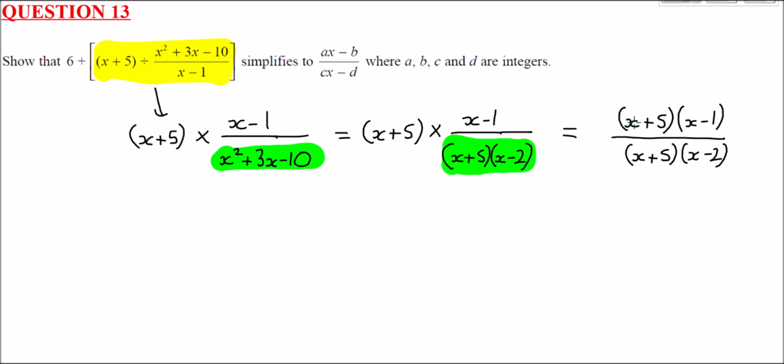And so because this x plus 5 is a multiple of both the numerator and denominator, we can cancel it on both the top and the bottom. So we're just left with x minus 1 over x minus 2. So what we've shown here is that this yellow bit actually simplifies to x minus 1 over x minus 2.